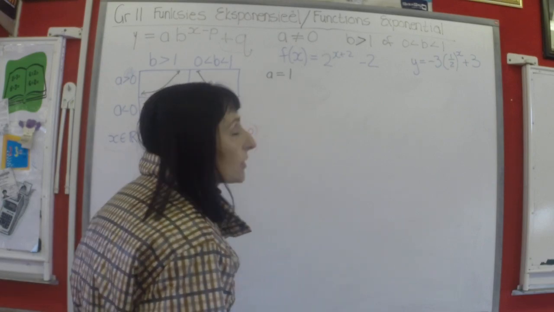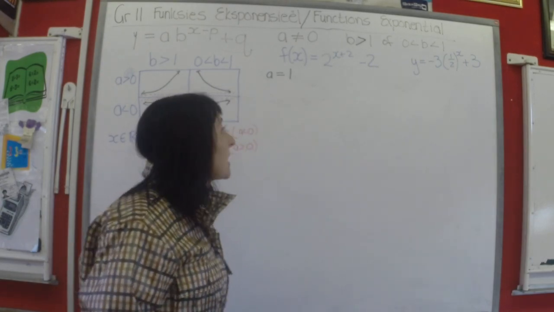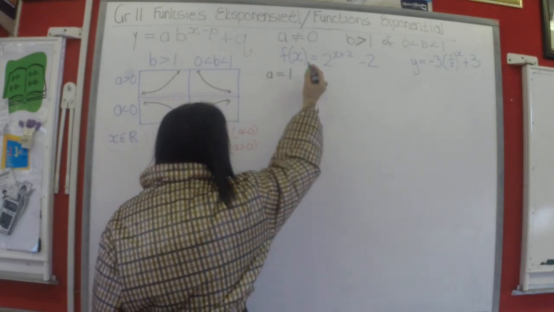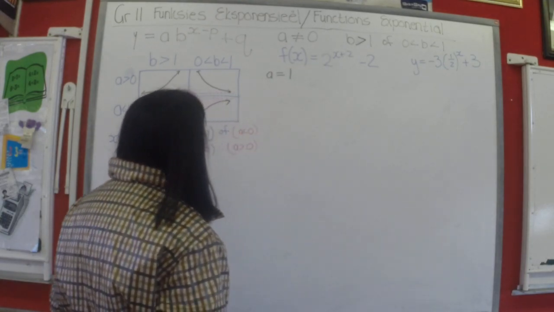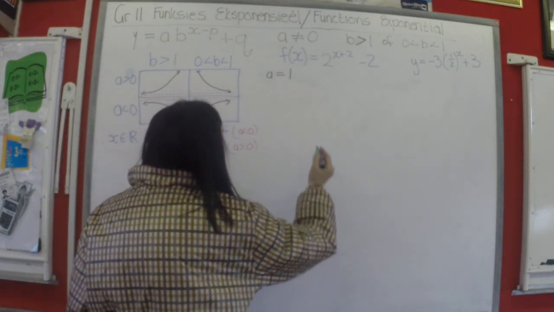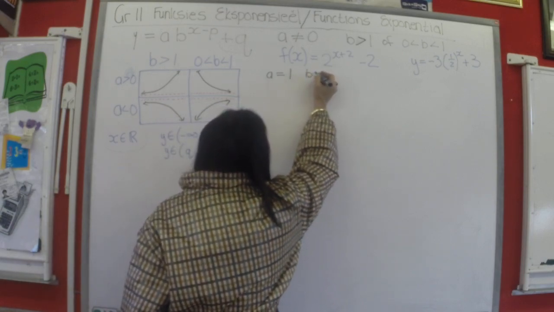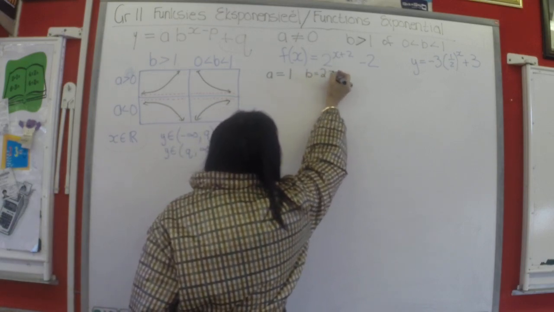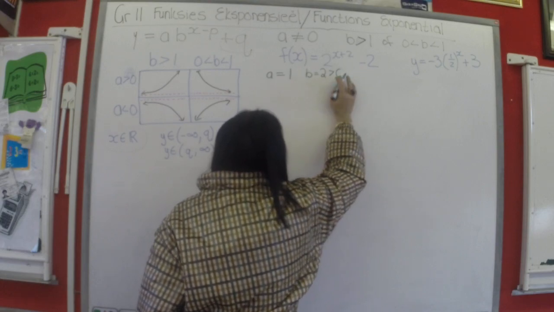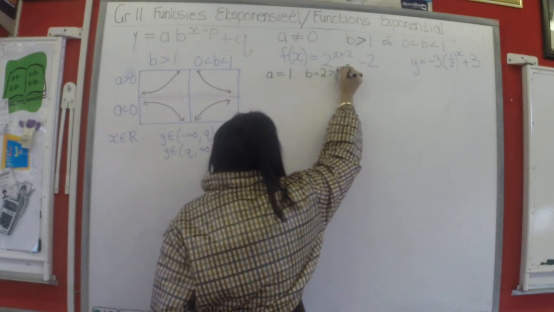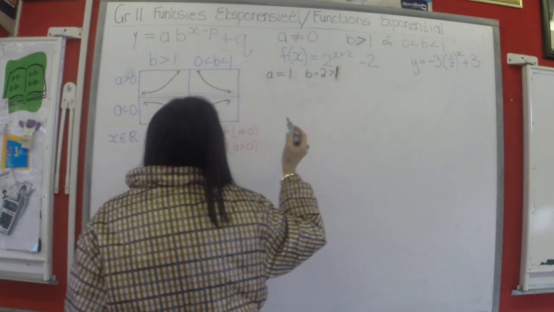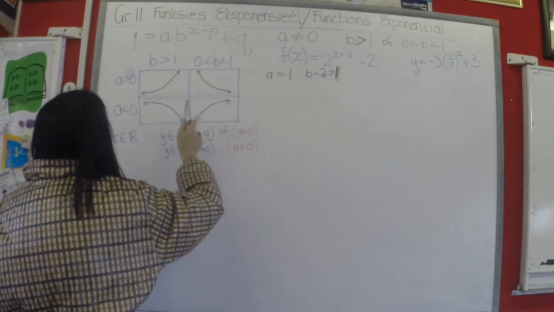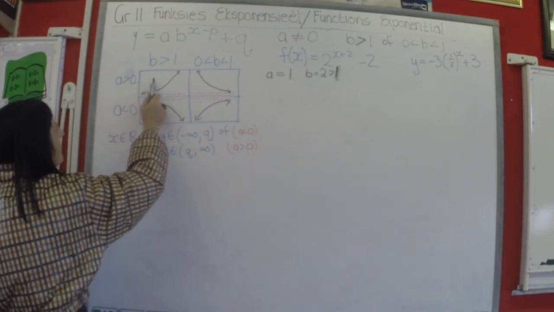There's a 1 that I can't see, but it's standing there in front of the 2. So my b value is equal to 2, in other words, it's greater than 1. So if you look at your categories, it's now going to fall into this category, greater than 0.